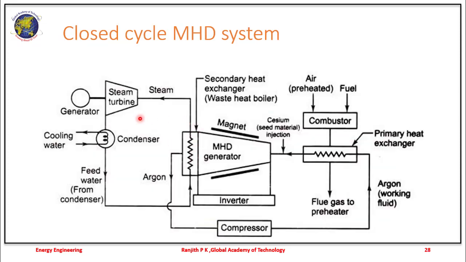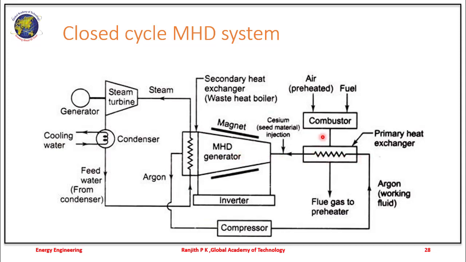In a closed cycle, as the name suggests, the MHD system's working fluid is reused. Typically argon is taken as the working fluid, and it is the conventional steam system that is being utilized. The steam gives the heat to the secondary heat exchanger, which has an MHD generator attached to it.